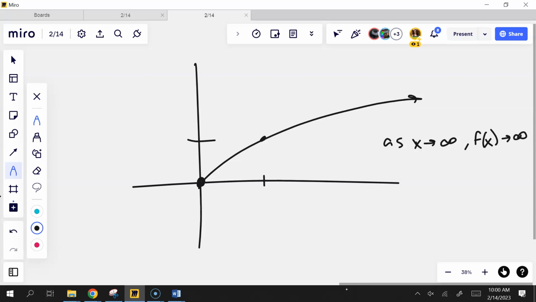Goes up. But on the left side, I never go to negative infinity. In fact, the furthest left my x goes is what? 0. So I say as x goes to 0, what does f of x go to? 0. So if you ever just have a point that you end into, that point is an end behavior there.